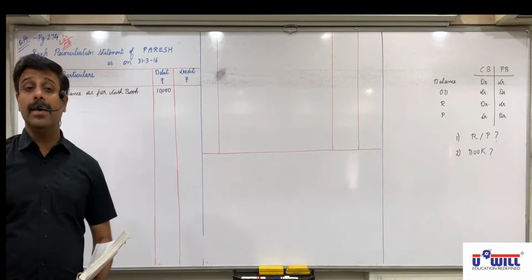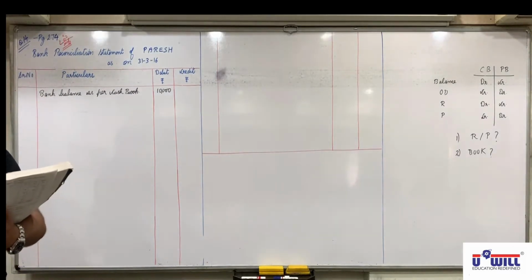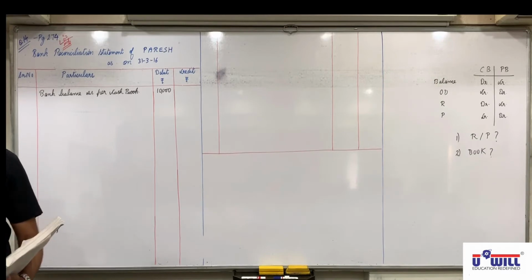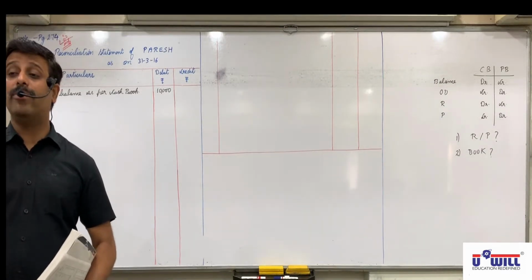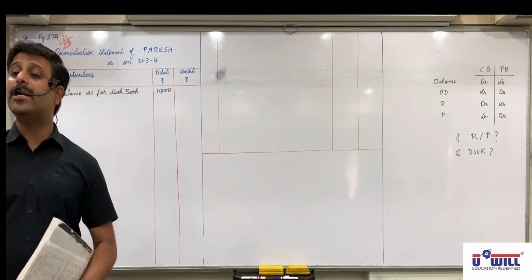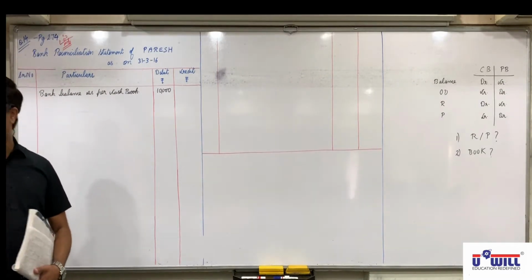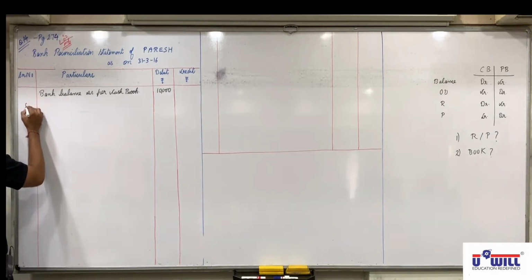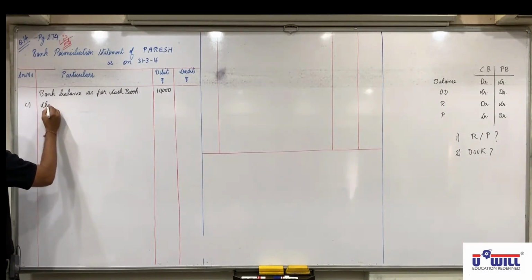If it was given that the bank credited 16,000 up to 31st March, then we would have recorded 14,000, because out of 30, 16 is credited and 14 is not credited. You understand? Dates are very important. Here, directly 16,000 will come on the credit side.